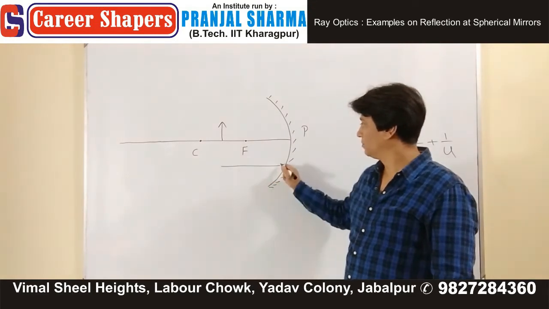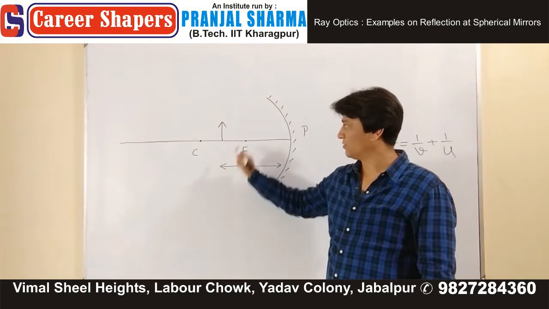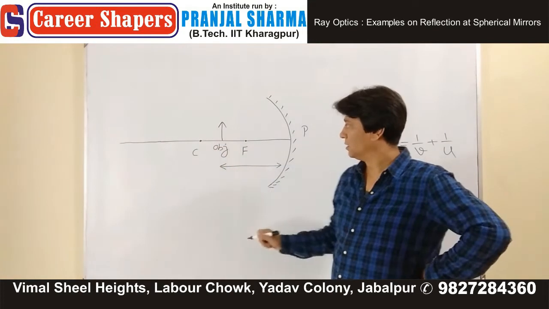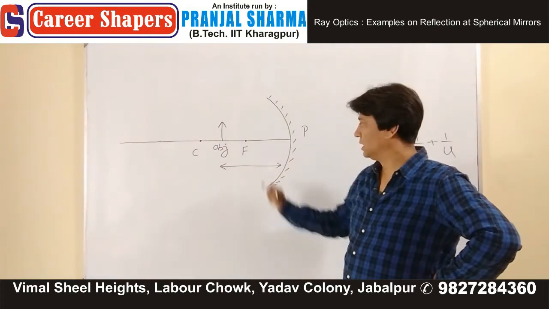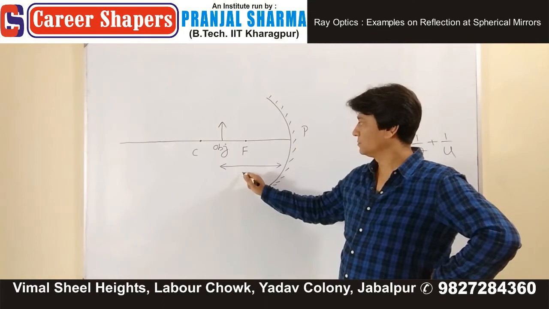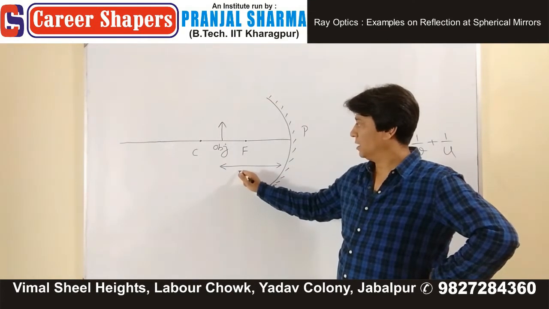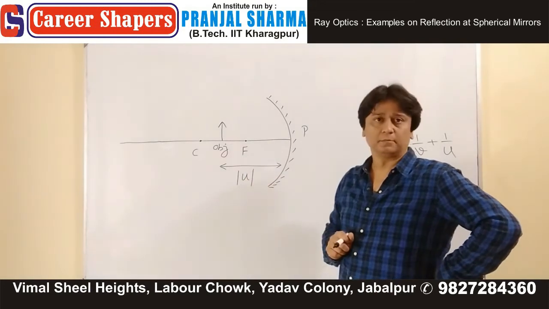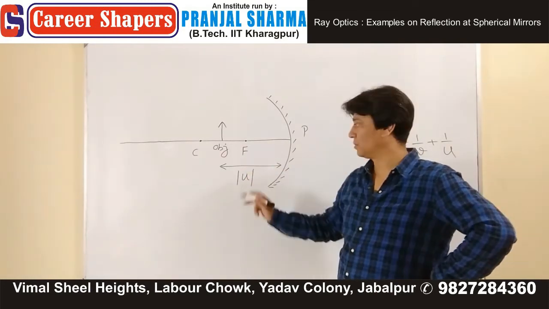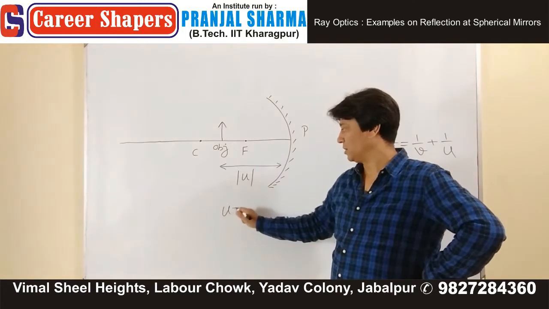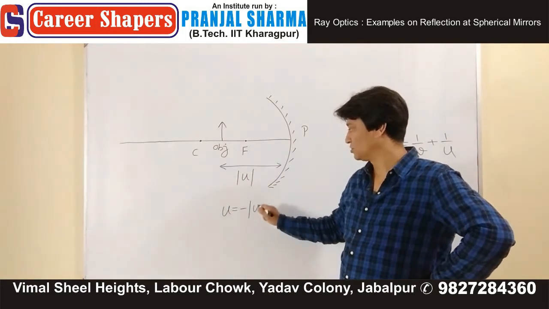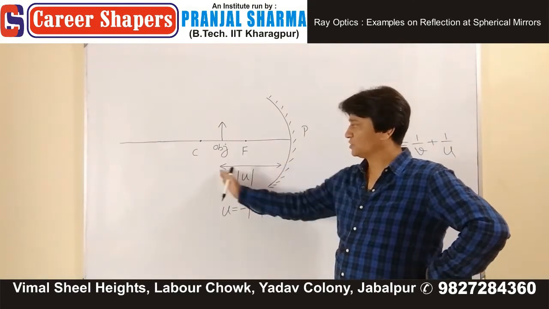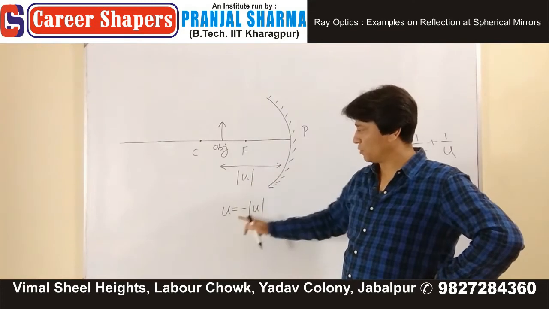Let's say the distance of the object from the pole is mod of u. It's on the left side, and therefore you're going to write u as what? Minus of mod u. If this is 5 centimeter, then this is 5, but what is u?